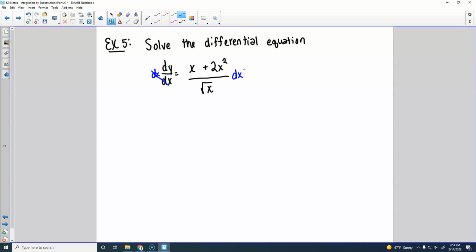Okay. So if you move over here to get the dx, you would be integrating both sides. So essentially you're just integrating this. What should we do here? What can our u be? Let's try what Ethan said. What would our derivative be?